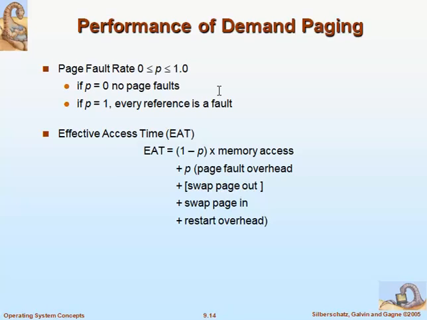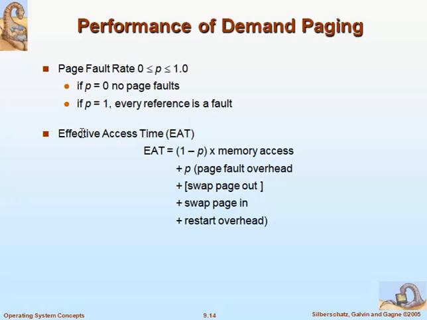If P is 0, there are no page faults, meaning whatever the process was requesting, all the pages were available in main memory. The other extreme case is P equal to 1, meaning every time the instruction wants a page, it is not available in main memory, which causes a page fault.